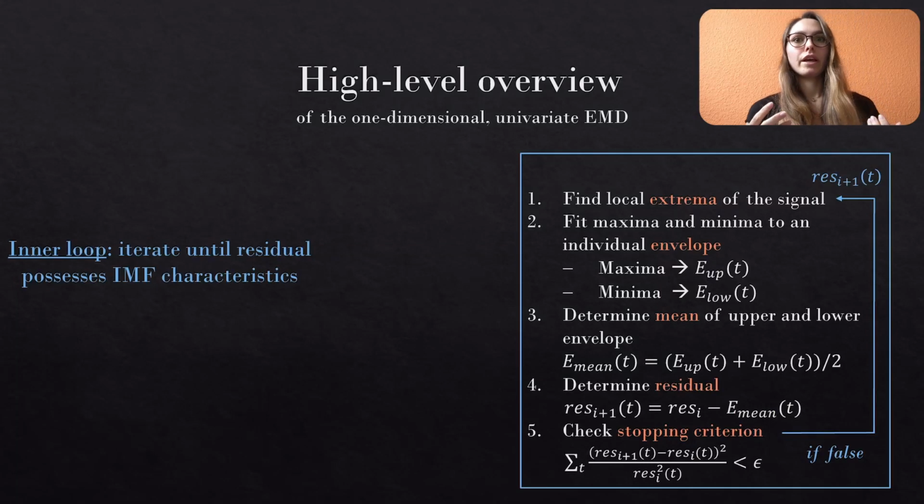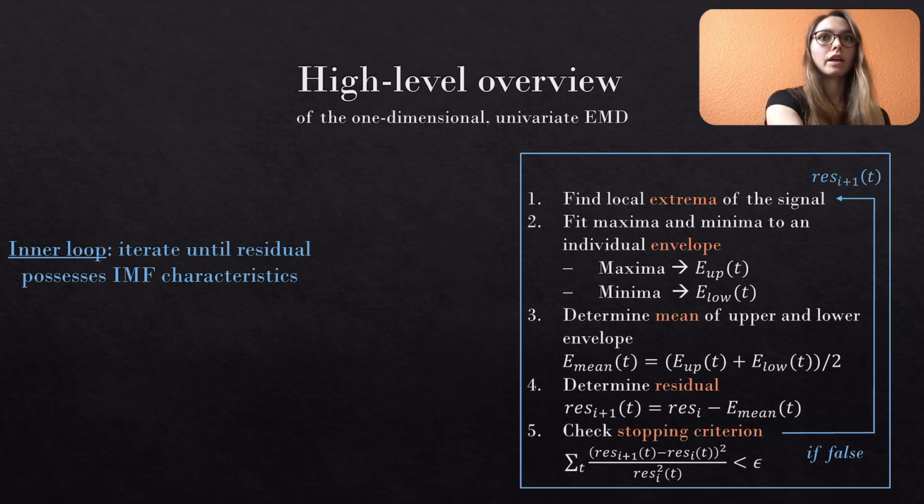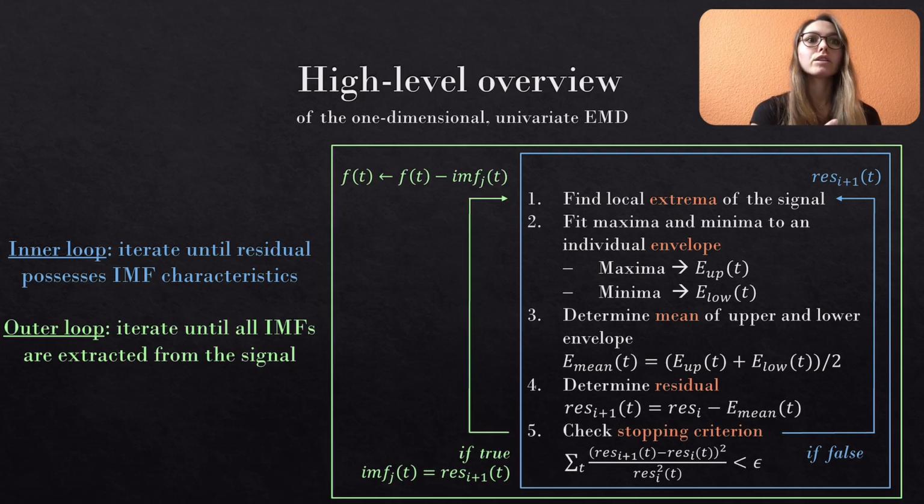So you see, the essence of the EMD is an iterative process that is repeated in two aspects. First, it is processed with a pseudo IMF, which we call the residual, until the correct IMF is determined. And second, it is repeated with the updated signal, so the preceding signal f of t minus the IMF, to obtain the subsequent IMF.